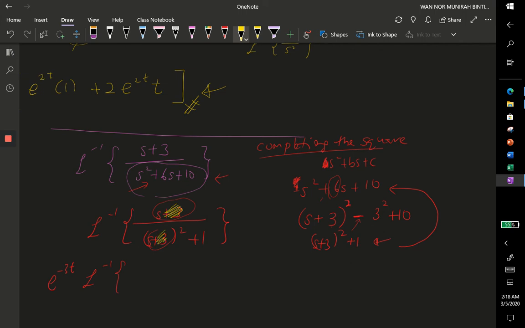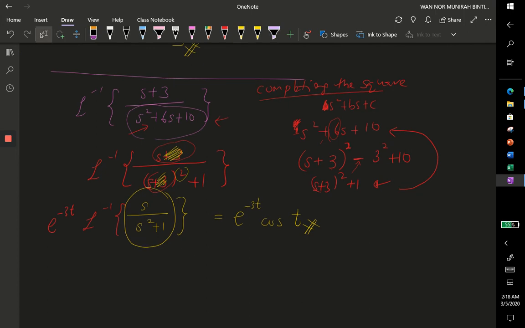So I have to take the Laplace inverse of s over s square plus 1. Refer to the table, so I have e to the negative 3t, and I have cos at. a is 1. Simple.